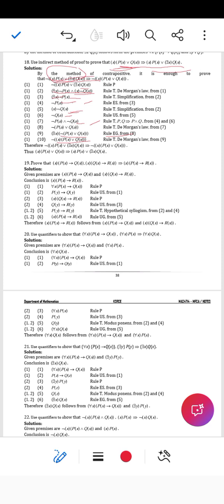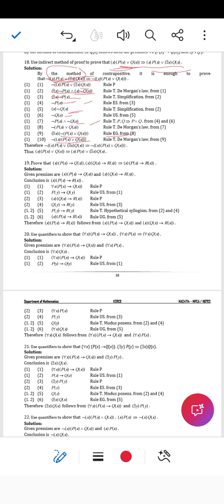Now using De Morgan's law, the negation comes outside. Negation of for all x, that is there exists x converting into for all x inside, P of x or Q of x. So it is the conclusion.